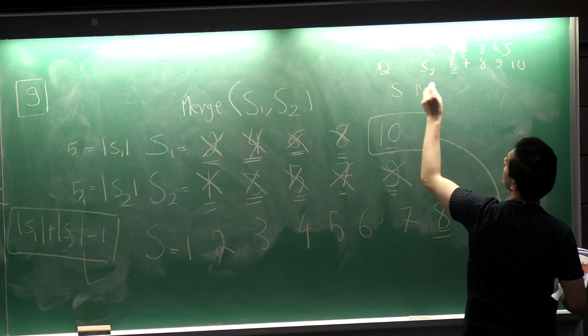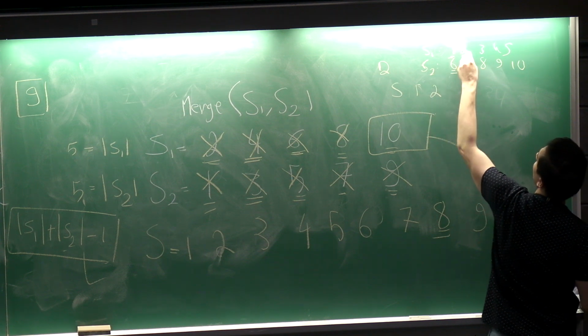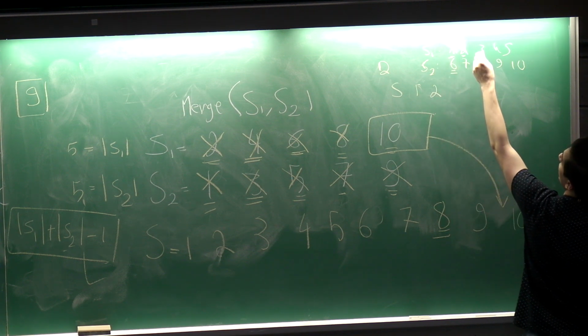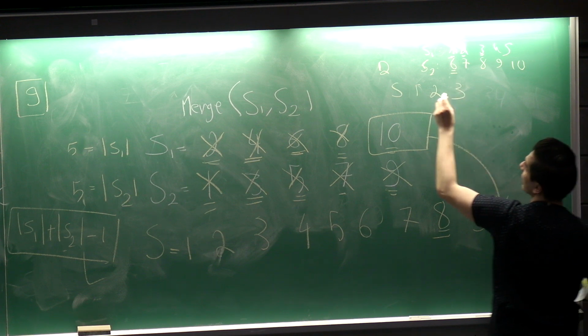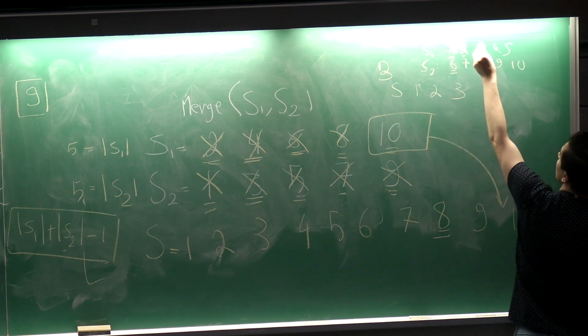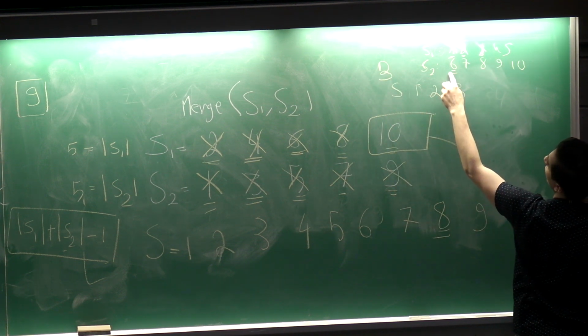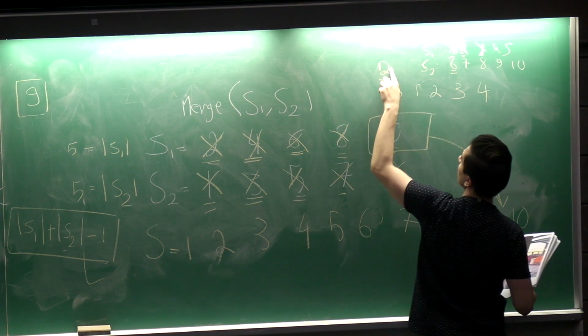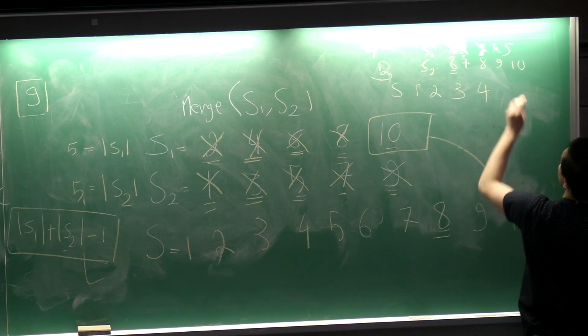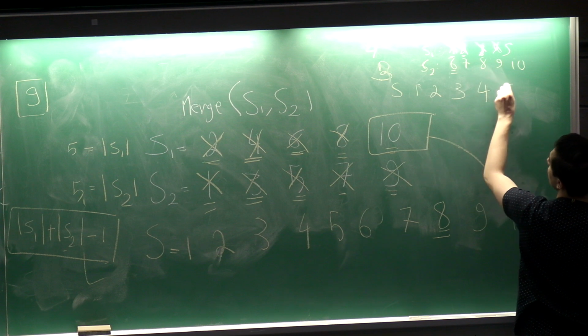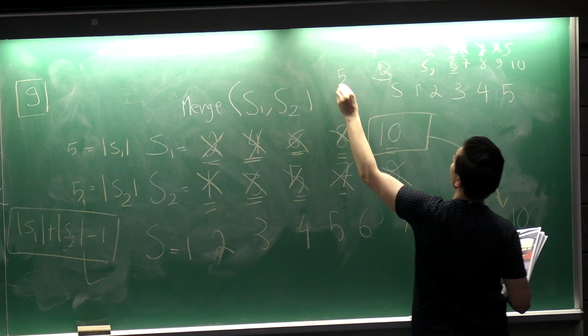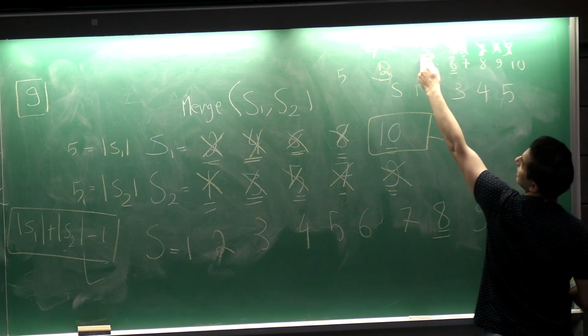So I have 2 comparisons, and we copy the 2. Now this is gone, this is gone. We compare the 3 with the 6. Copy the 3, and now we have 3 comparisons. 4 and 6, we copy the 4. Now we have 4 comparisons. We compare the 5 and the 6. Copy the 5. Now we have 5 comparisons, but now S1 is empty, right?